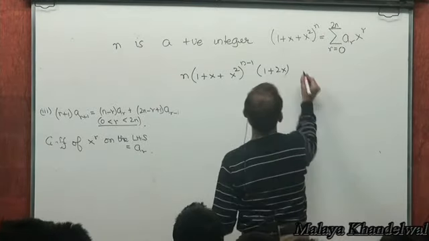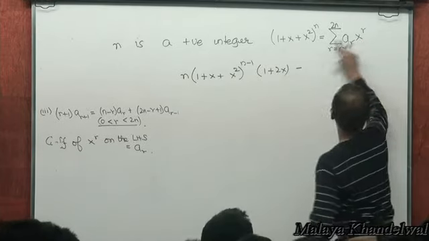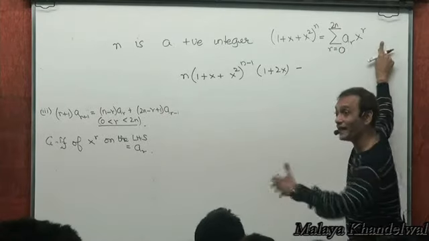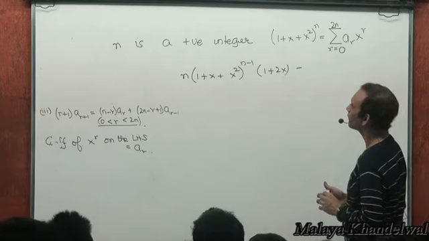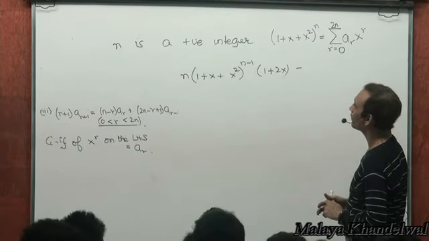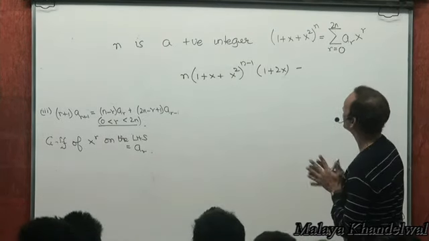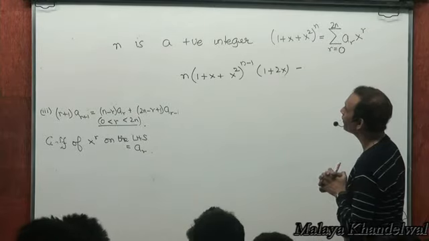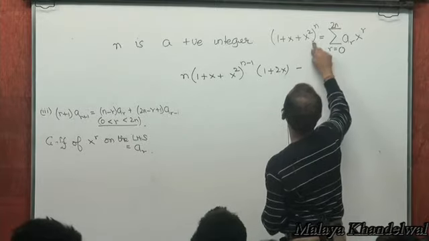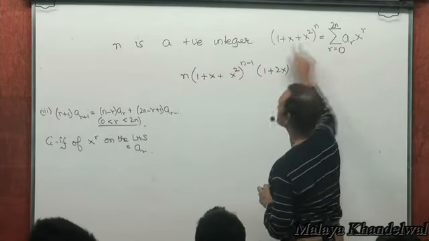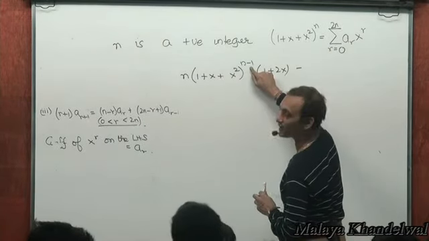The derivative of the right hand side: derivative of the sum would be the sum of the derivatives. Differentiate this to the power n with respect to this, so you get n into (1 + x + x²)^(n-1).